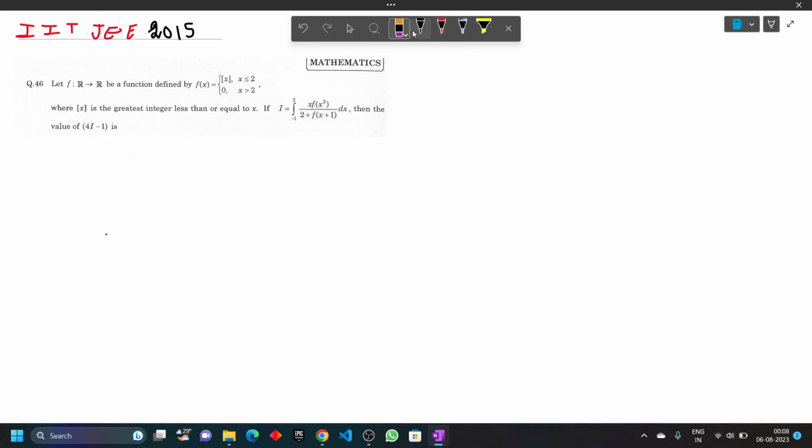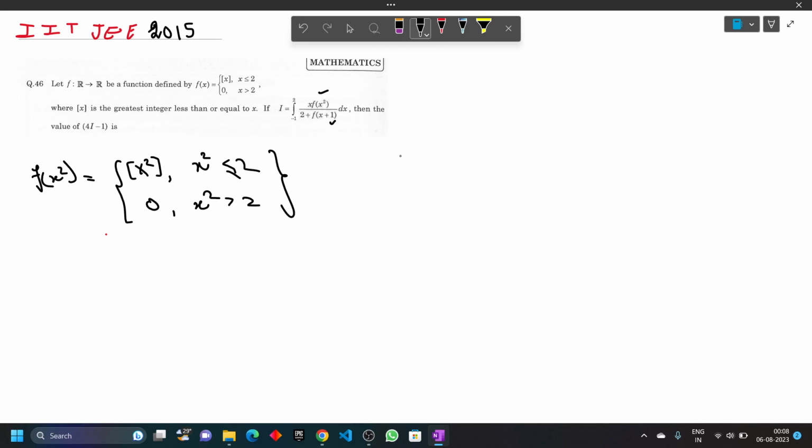Let's first define the functions, since we need f of x squared and f of x plus 1. So f of x squared is equal to the greatest integer of x squared if x squared is less than or equal to 2, and 0 if x squared is greater than 2.